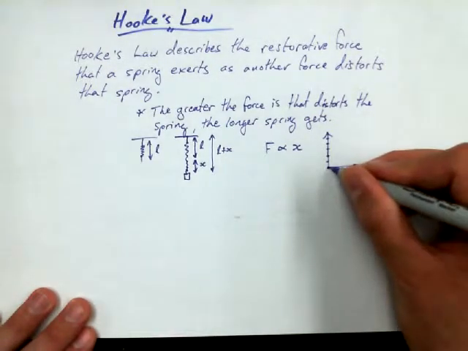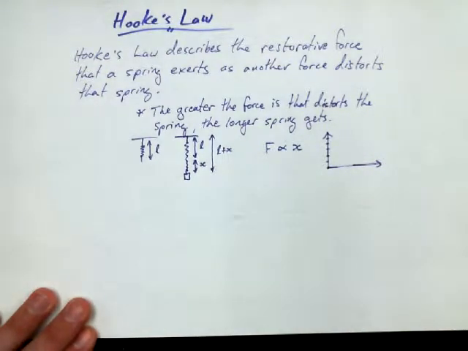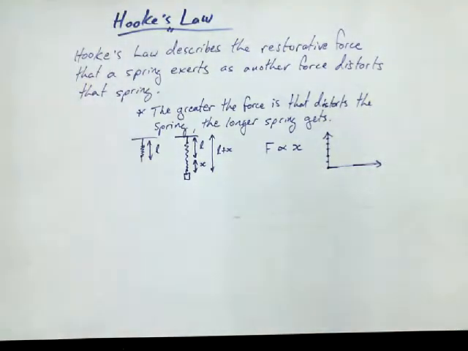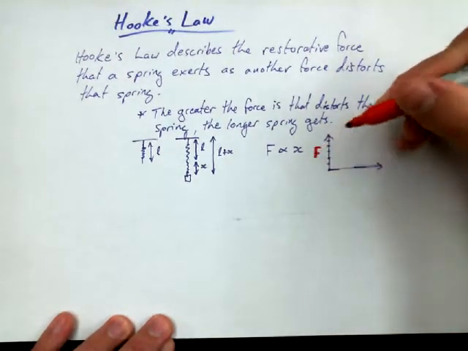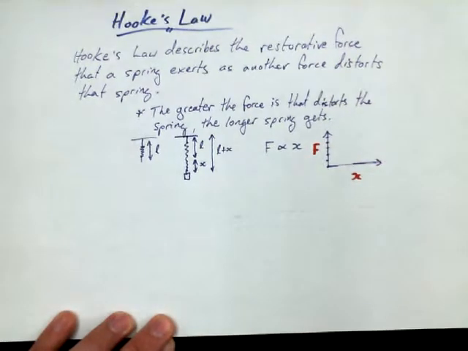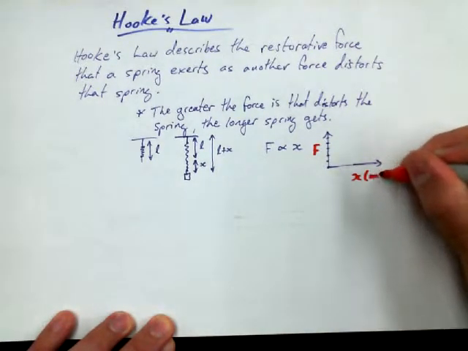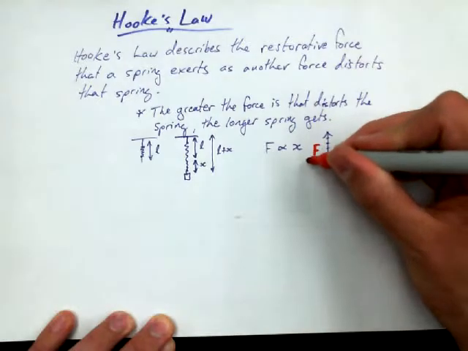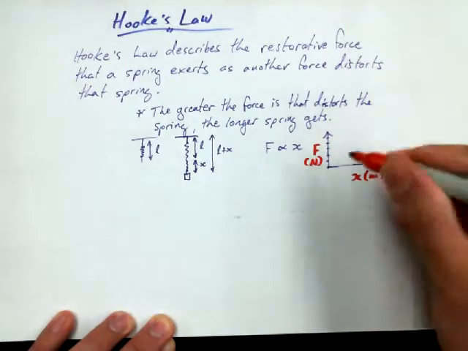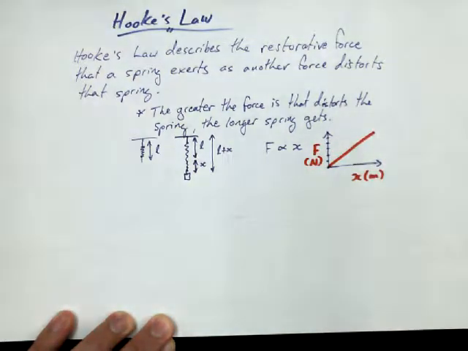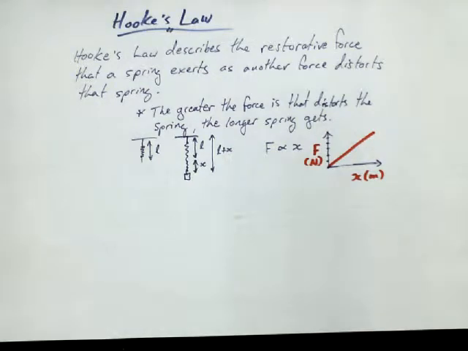Starting from 0 even, because if you apply 0 force to a spring, how much does it distort? 0. So he ends up getting a graph that looks something like this, with force on the vertical axis and x on the horizontal axis, x with units of meters, and force with units of newtons. The graph looks like this. No problem. It just gets bigger and bigger and bigger, stretch, as you apply more and more and more force.